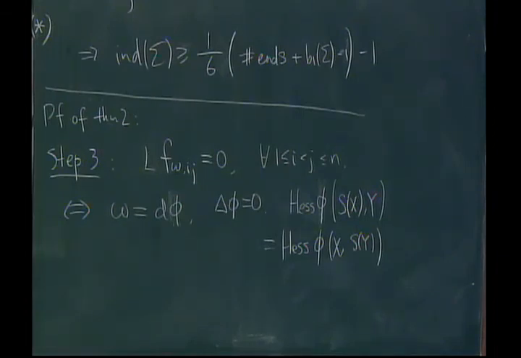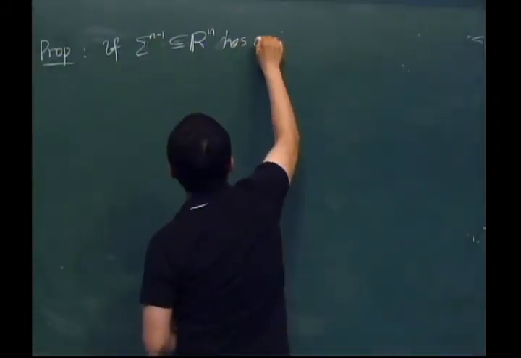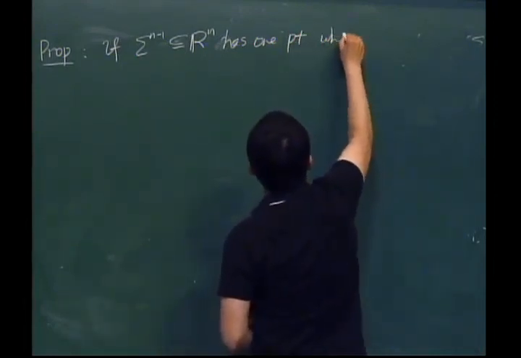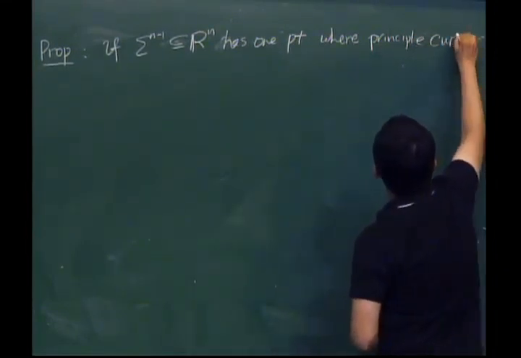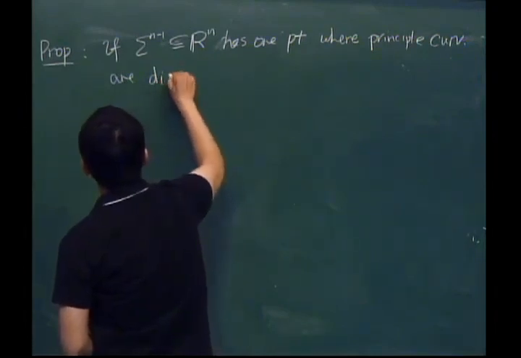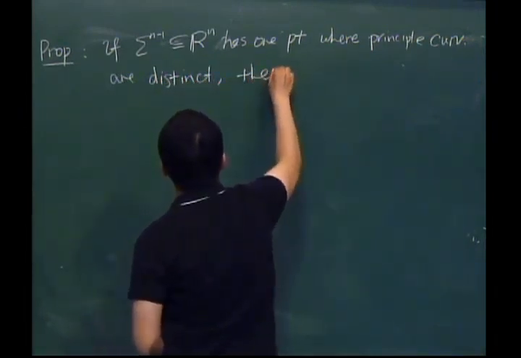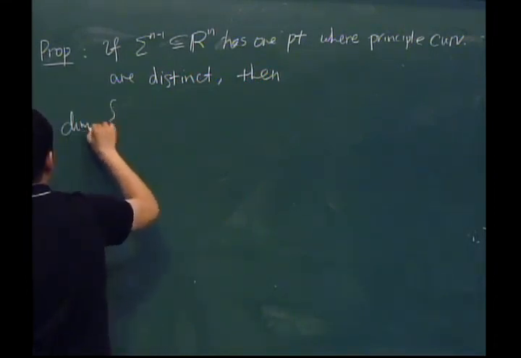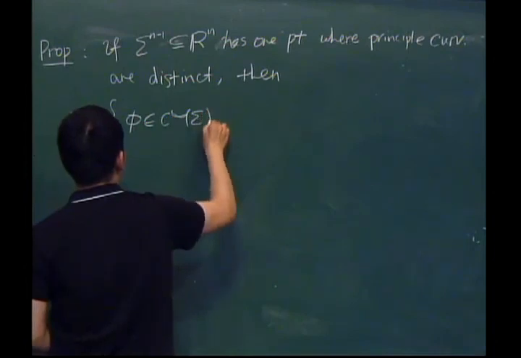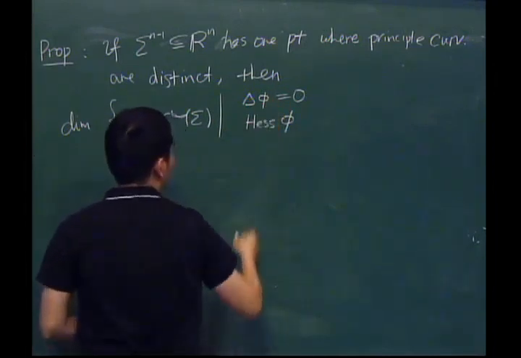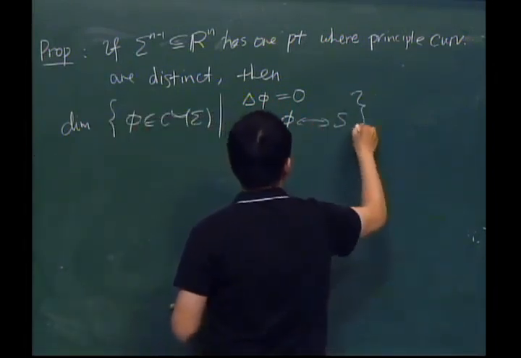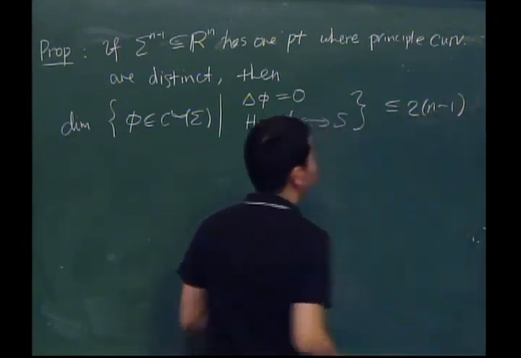There's a geometric proposition which says that if sigma has one point where the principal curvatures are distinct, then the dimension of harmonic functions whose Hessian commutes with the shape operator is at most 2 times n minus 1.